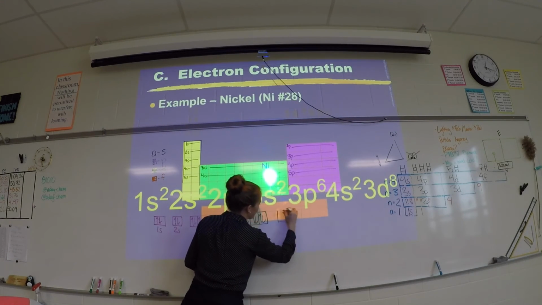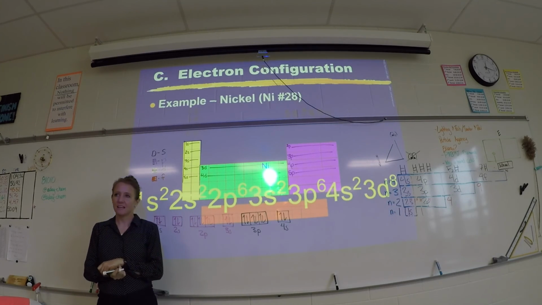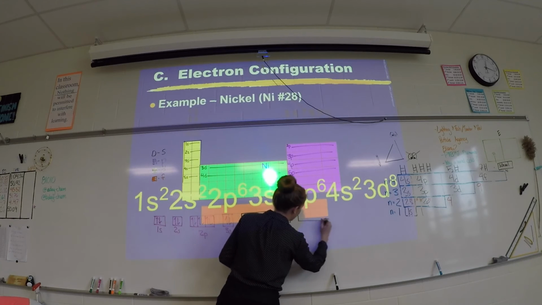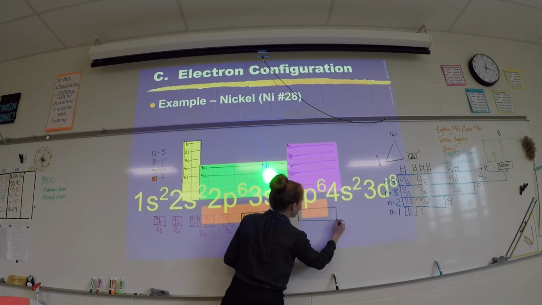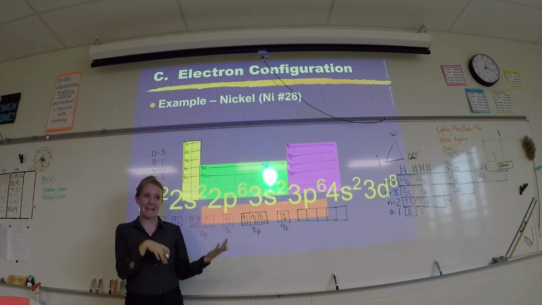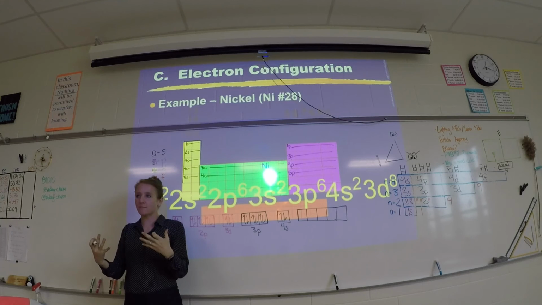Almost there. 4s, 1 more box. 1 up, 1 down. For the d, we need 5 connected boxes. Even if you have boxes that are empty in the end, you still have to draw them to show that they are there in the room.